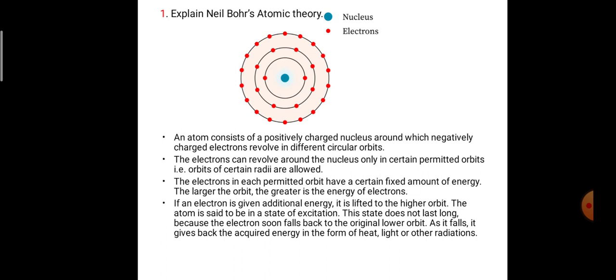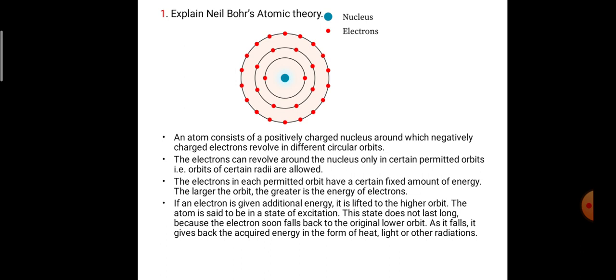The electrons in each permitted orbit have a certain fixed amount of energy. The larger the orbit, the greater is the energy of the electrons. If an electron is given additional energy, it is lifted to a higher orbit. The atom is said to be in a state of excitation.